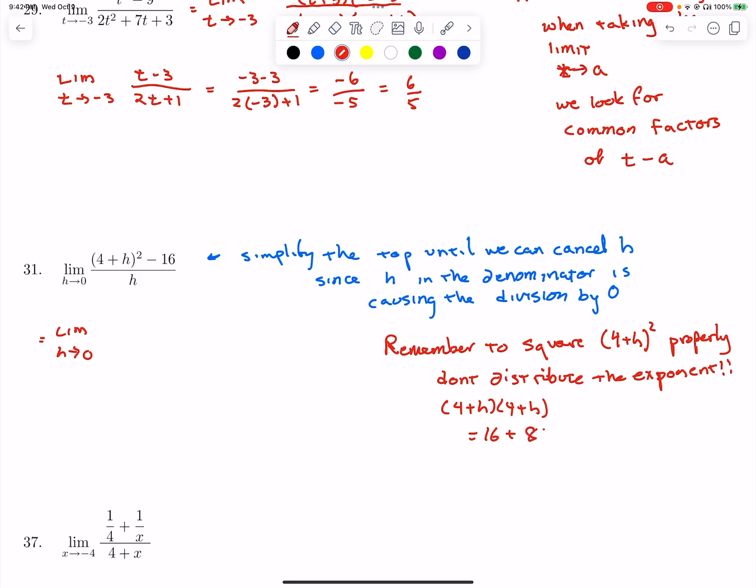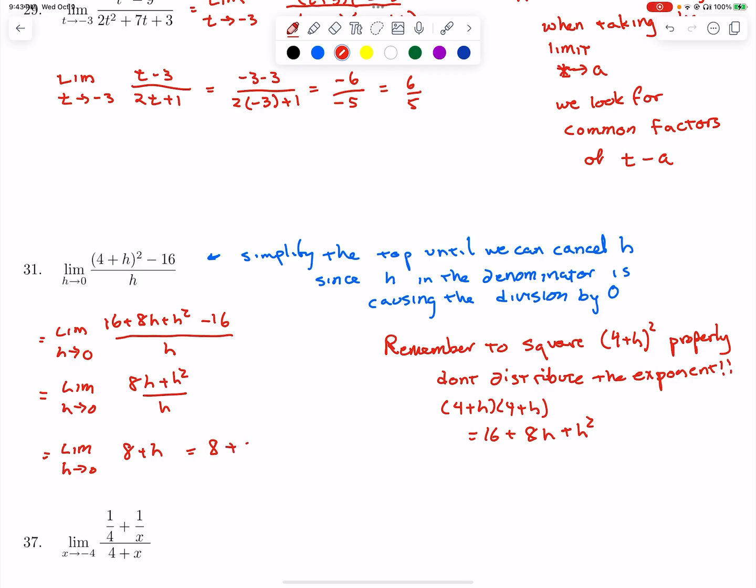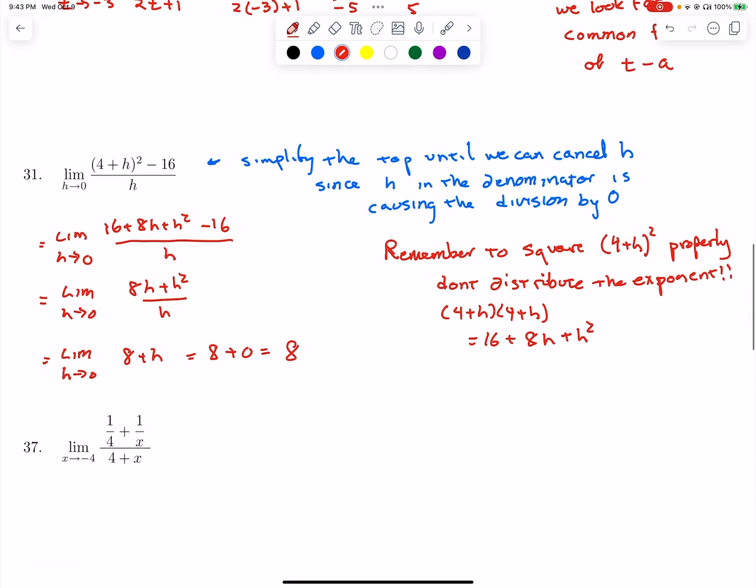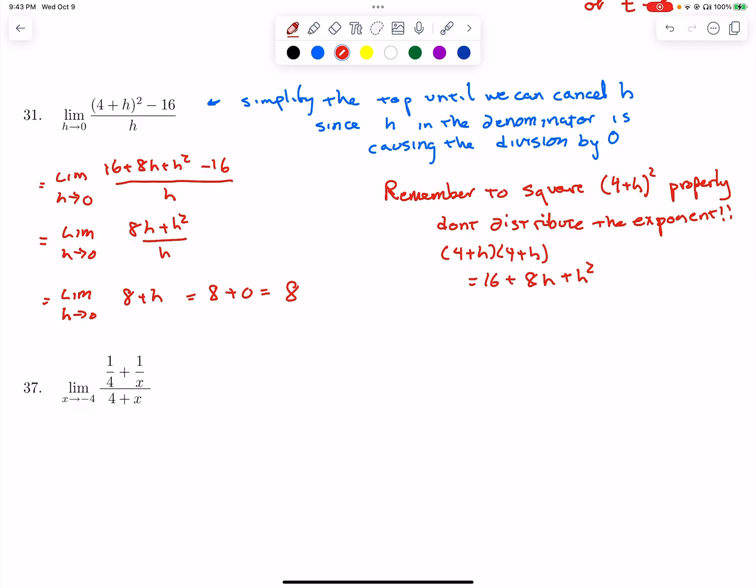Okay. Oops, sorry. Don't forget to factor h out of both terms. And then plug back in. So don't forget, it's not just factor cancel, it's factor, cancel, plug back in.